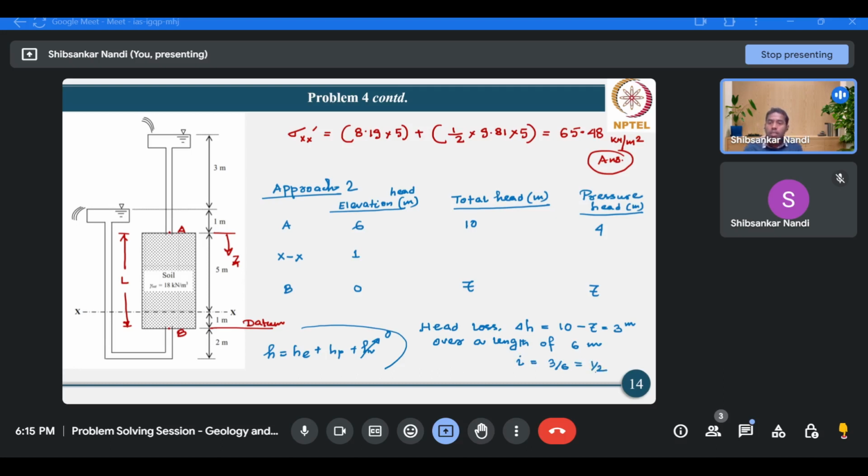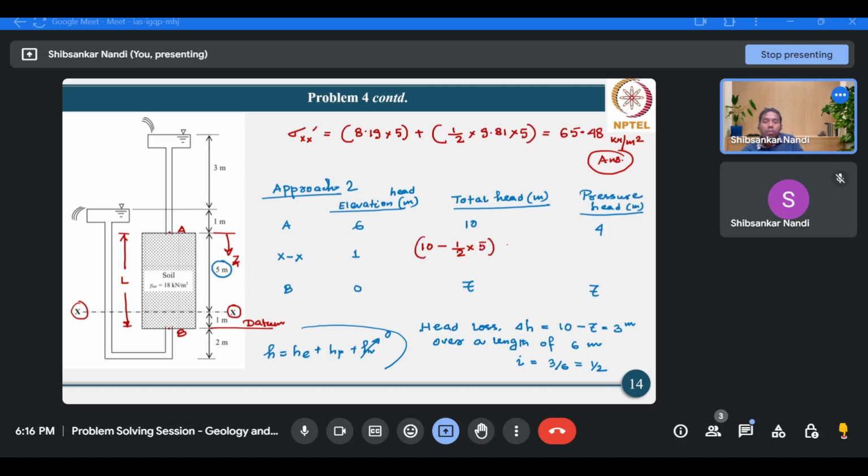Now how much distance have we traveled from point A to section XX? We have traveled a distance of 5 meter from point A to section XX. Therefore, the total head at this elevation XX should become 10 minus, so this is the rate at which the head is lost, and this is the distance 5.